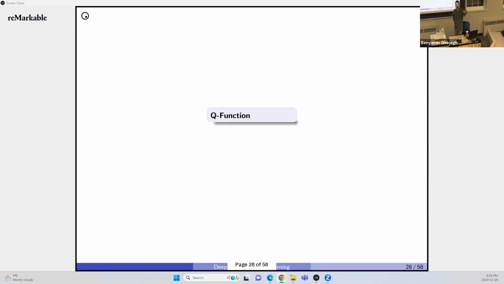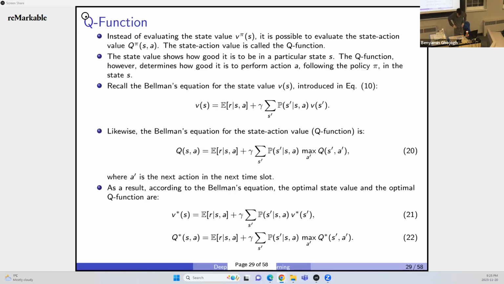The next important topic in RL is the Q function. Do you remember we said value? We also said reward. Value and reward had the same essence.